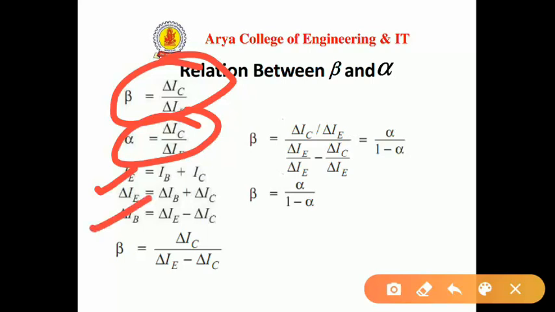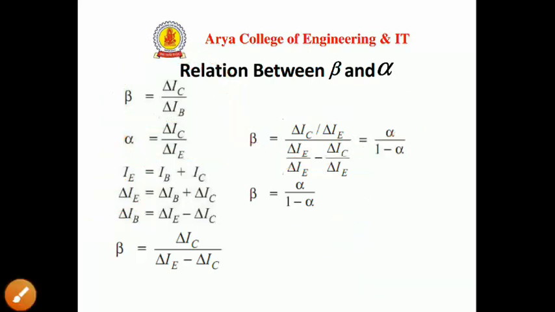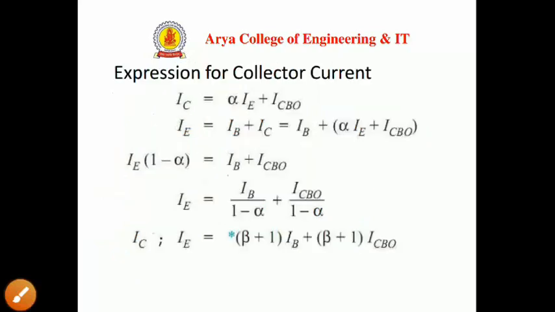It can be manipulated as del IB equals del IE minus del IC, and beta equals this. So after manipulation of the equation, we have beta equals alpha upon 1 minus alpha. Clear? So this is the relation between beta and alpha. Alpha is the current amplification factor for common base, and beta is the current amplification factor for common emitter.